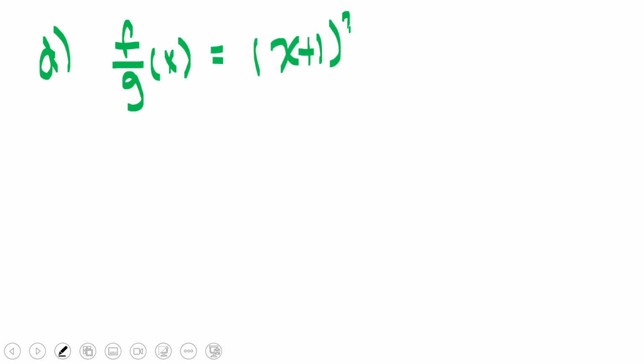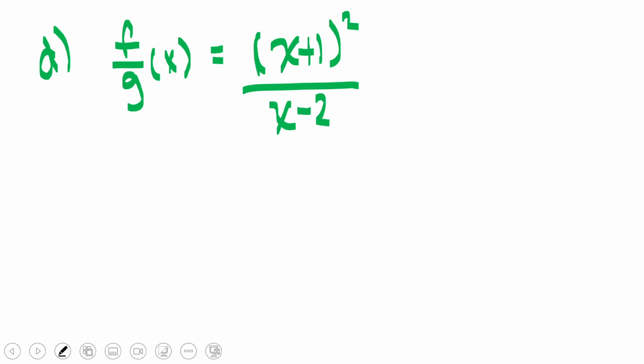Alright, if we're asked to divide, we're going to have f divided by g, all of x, which equals x plus 1 squared, all over x minus 2. We can't really solve this.